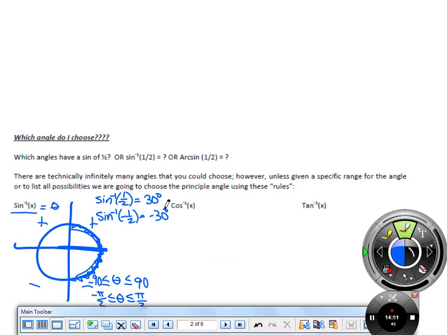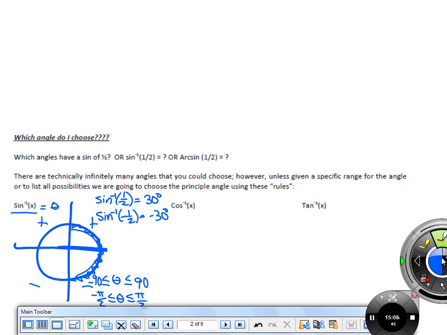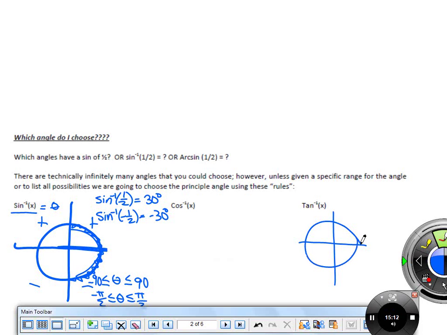So we don't use the same area for cosine and for sine. We do for sine and for tangent because when you look at the tangent, it would be positive here because you'd be doing a positive divided by a positive. In the second quadrant, you would be doing a positive divided by a negative, so the tangent would be negative. In the third quadrant, you would be doing a negative divided by a negative, so this would be positive. And then here you'd be doing a negative divided by a positive, so it would be negative.